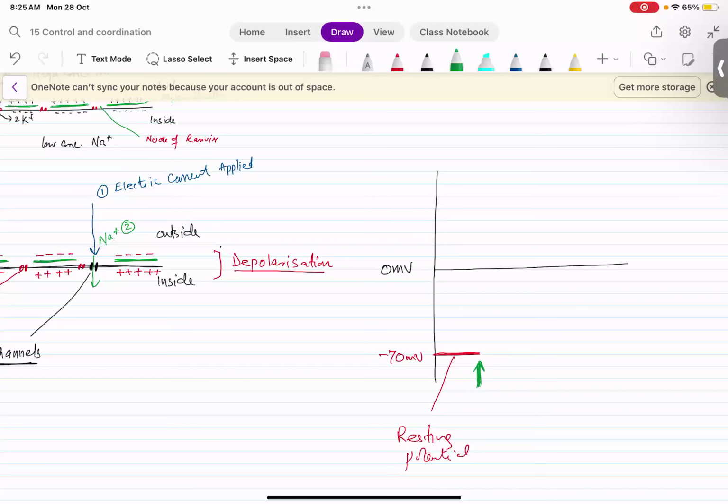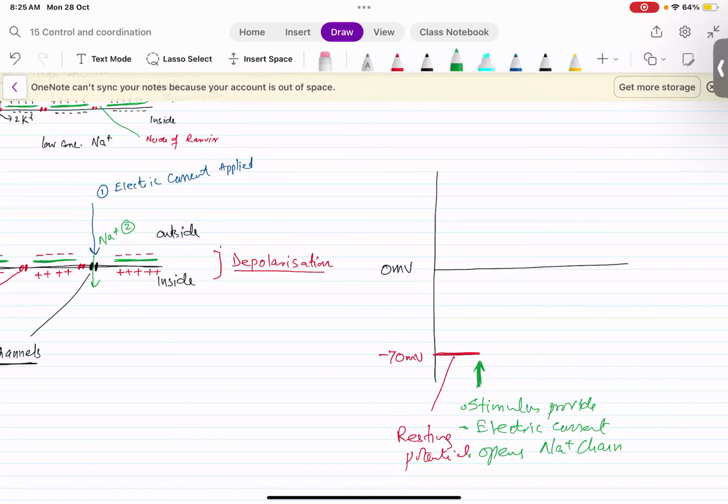This is time on the x-axis, and this is the stimulus provided, or you can say the electric current applied here, which opens sodium channels.